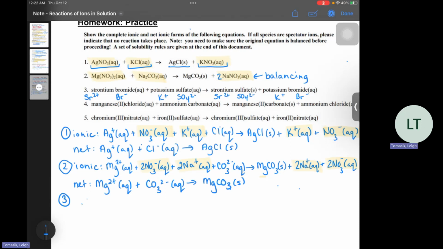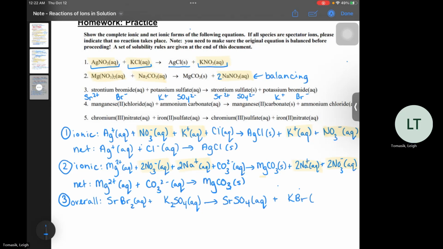So we have, overall, SrBr2 aqueous plus, leave a space, K2SO4 aqueous makes SrSO4 aqueous plus KBr.